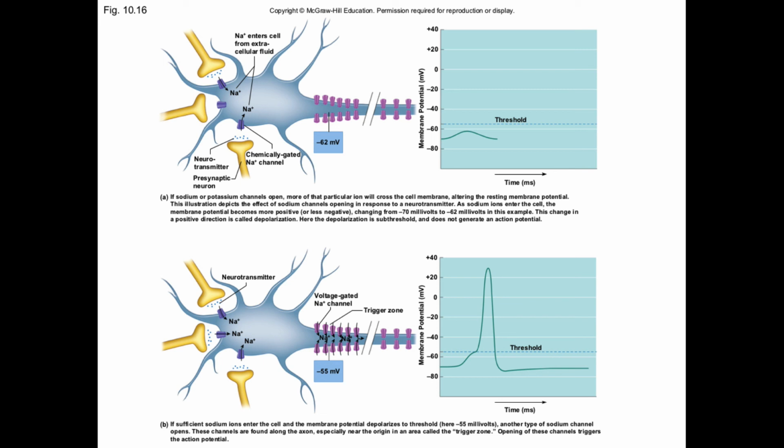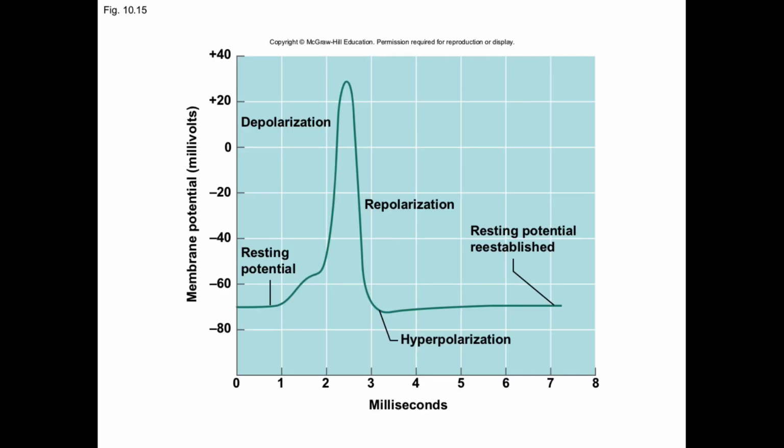I'll say it again, only cells with excitable membranes, such as neurons and muscle cells, can generate action potentials. The action potential is a brief reversal of membrane potential with a total change in amplitude of approximately 100 millivolts.